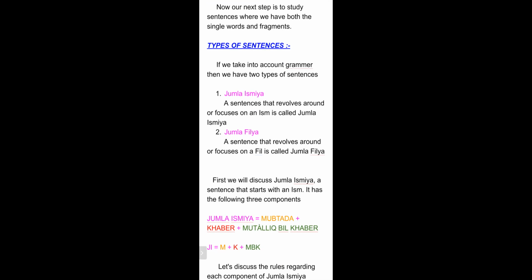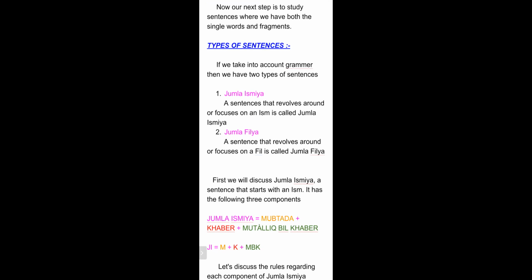That's why it is called Ismiya. And similarly, if the sentence starts with a fail, then we term that sentence Jumla Fi'liya, and it revolves around the fail, the mafool, the mutalik bil fail, all of the things that we have done.